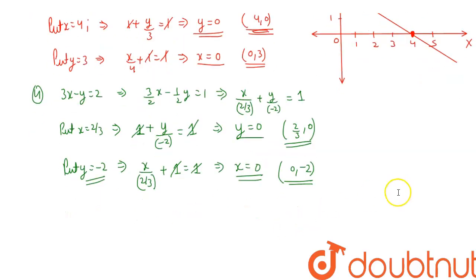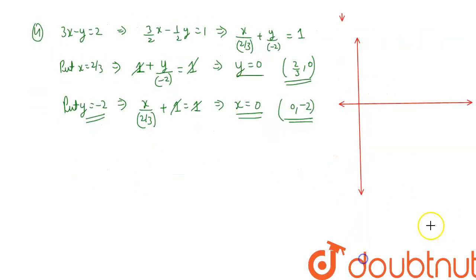Now we are going to plot the graph. So here if we plot the graph, then we need to draw the x and the y axis. So let us say that here we have the graph like this. Here we have the x axis, and here we have the y axis like this. So this is the y axis which we have got. Now let us name them. So here we have the origin, that is 0, 0. This is x and this is y.